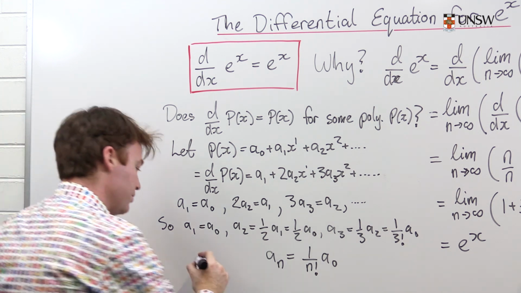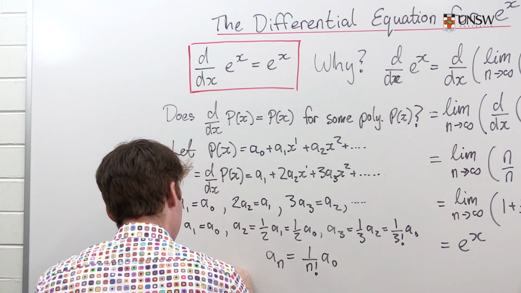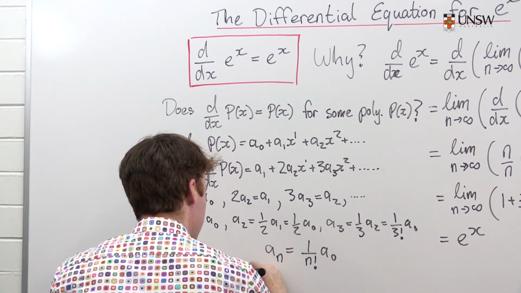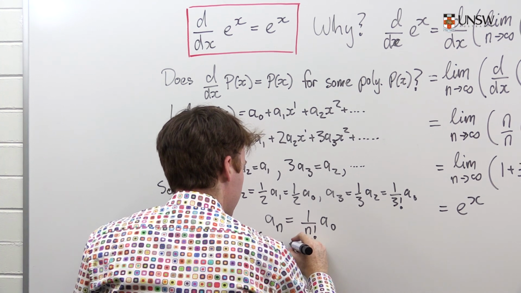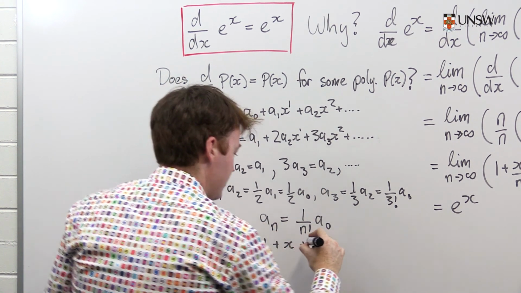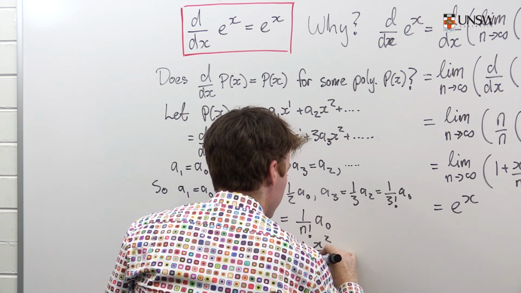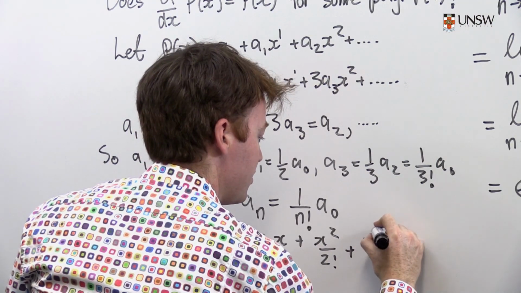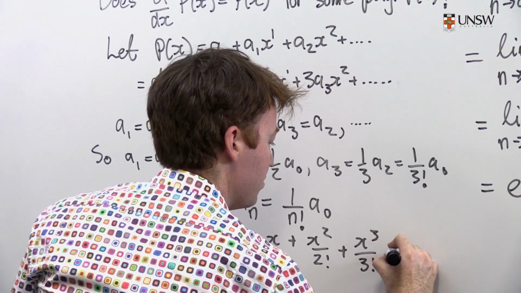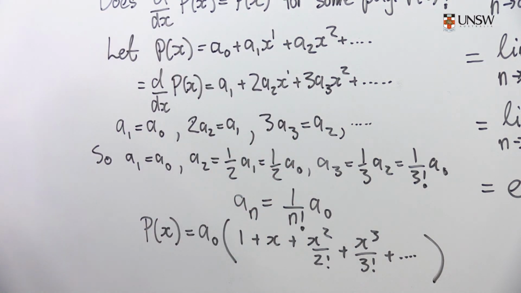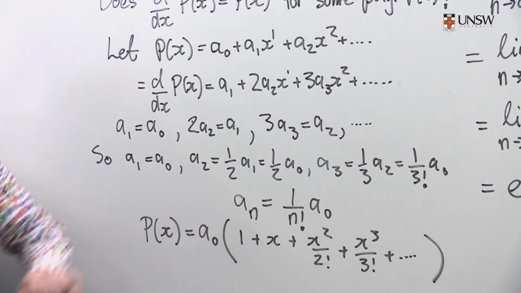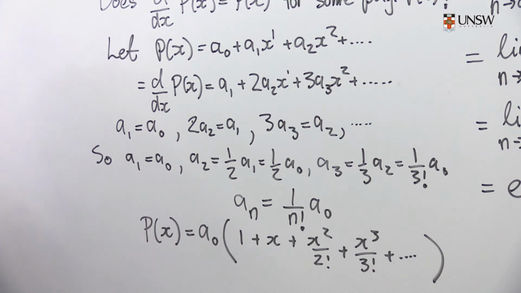So our polynomial equals a0, I'll just factor out a0, (1 plus x plus x squared on 2 factorial plus x cubed on 3 factorial plus and so on). So our polynomial is a scalar multiple of this infinite polynomial.